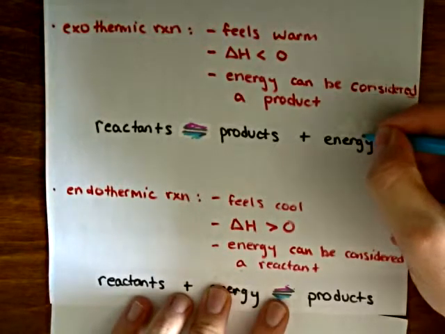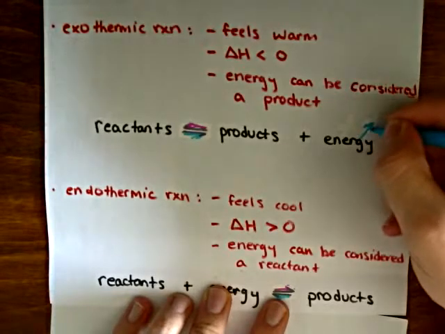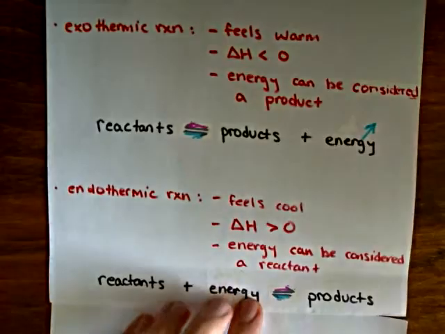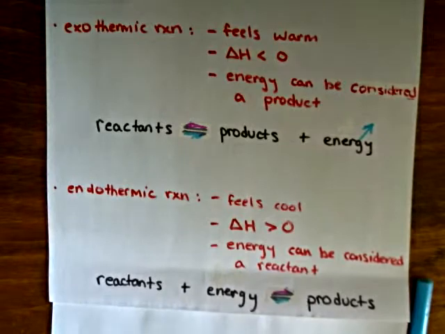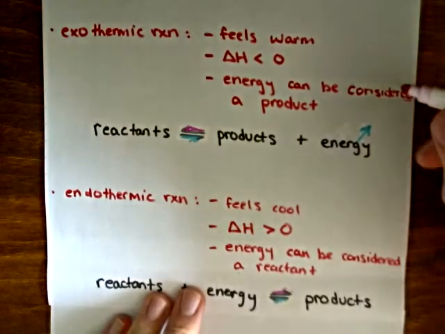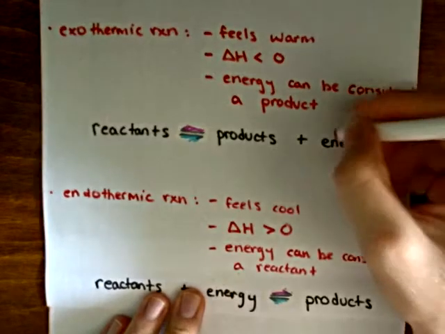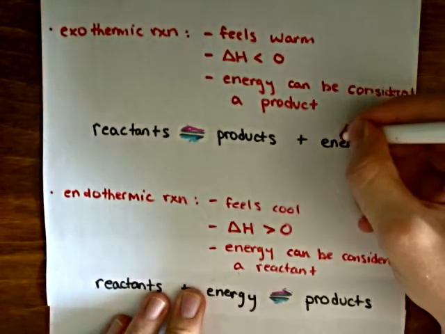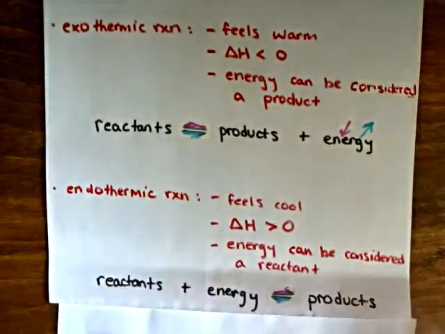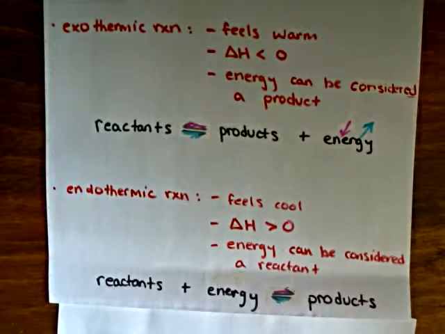So we remove energy, so I draw a blue arrow out of the page because we're cooling it down. Okay? But if we have an exothermic reaction and we're warming it, I think of that as adding more energy to the reaction. So I draw an arrow in like that. Okay?